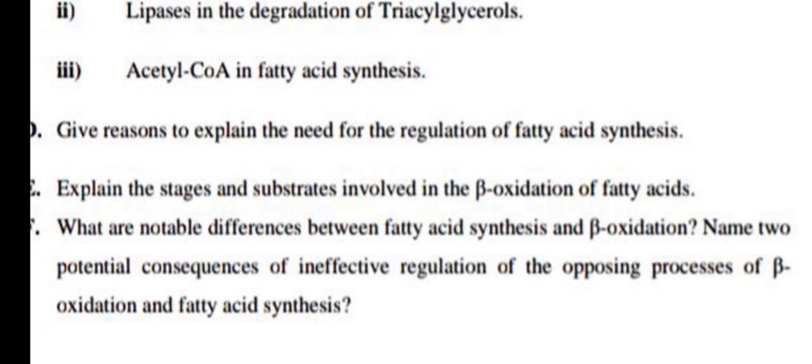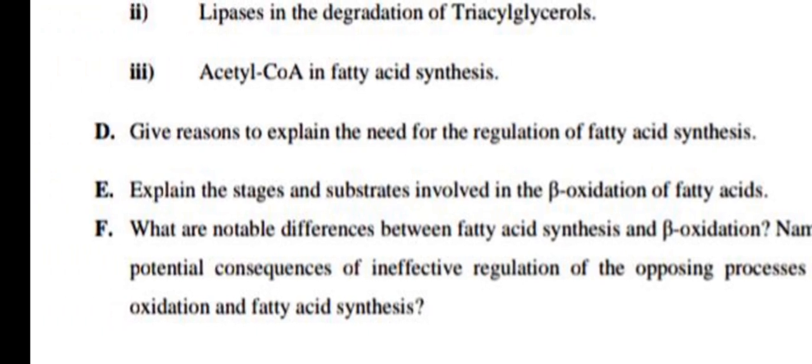Then the other part is saying name 2 potential consequences of ineffective regulation of the opposing processes. So if beta oxidation and fat acid synthesis are not being regulated, what do you think are the consequences? For example, if we're talking about fat acid synthesis, I already told you about this, I think on question D. So fat acid synthesis must be regulated.